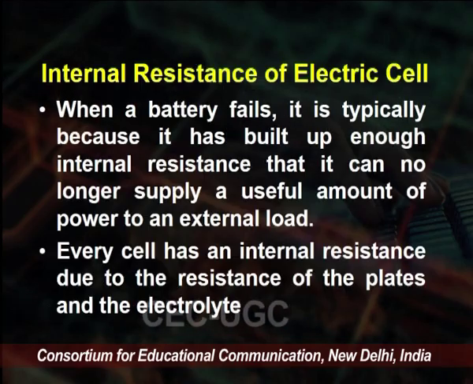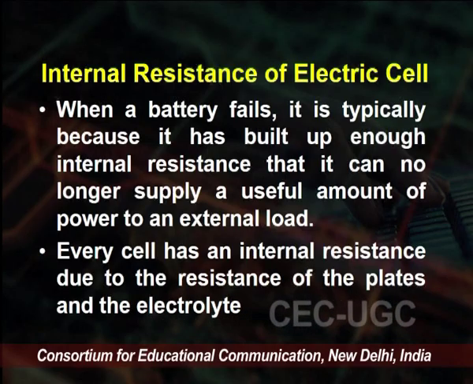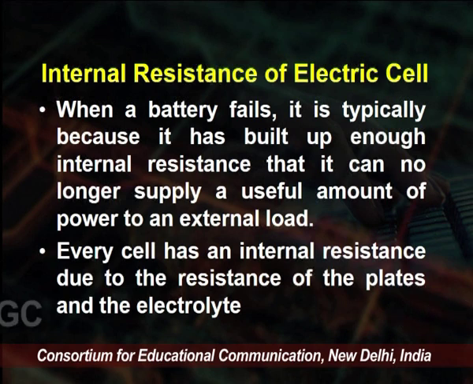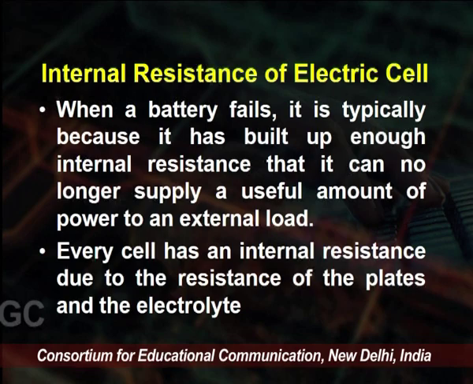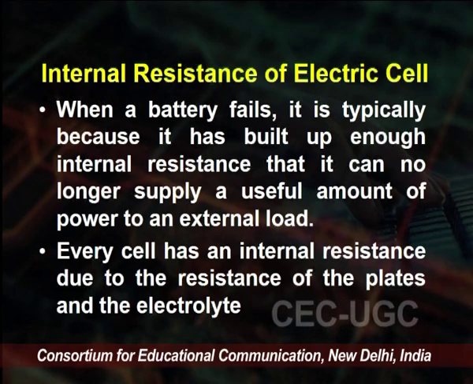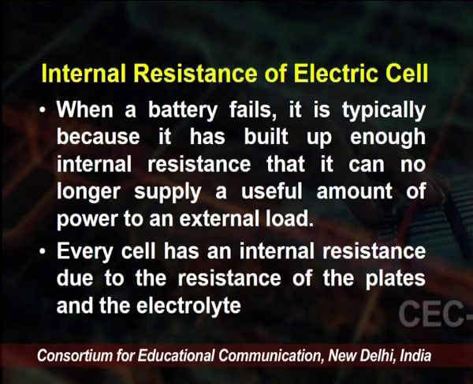Now, another term which is used in the cell is the internal resistance of the electric cell. When a battery fails, meaning it is discharged, it is typically because it has built up enough internal resistance that it can no longer supply a useful amount of power to an external load.